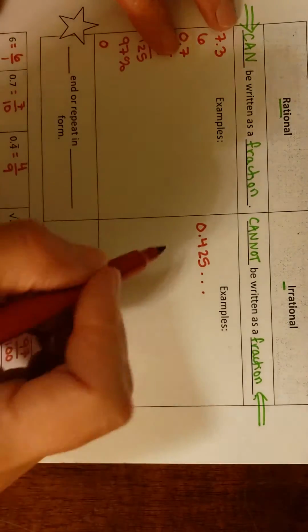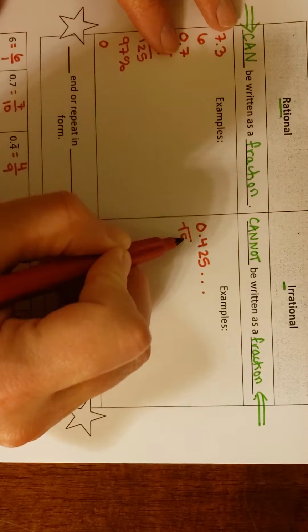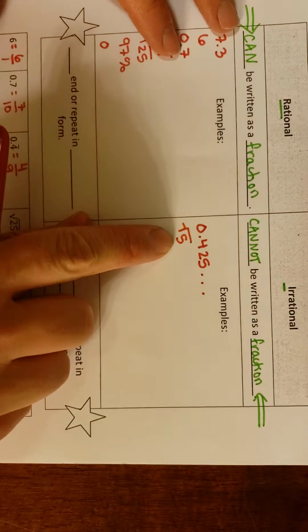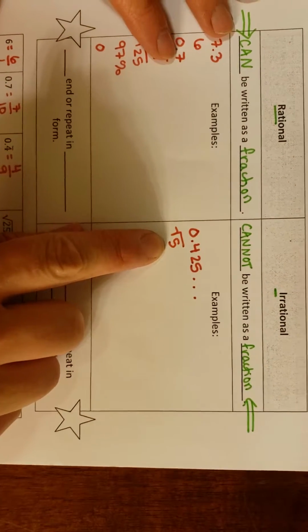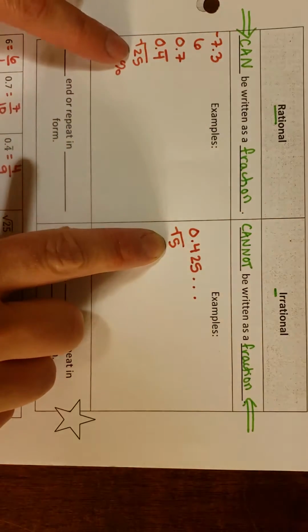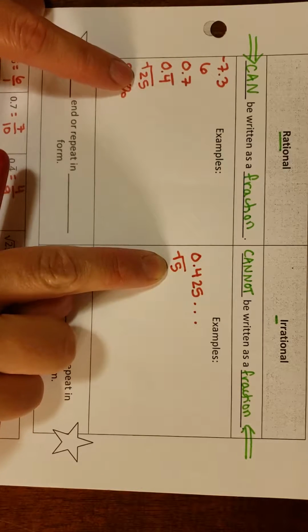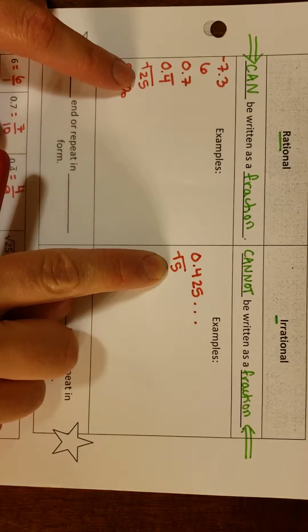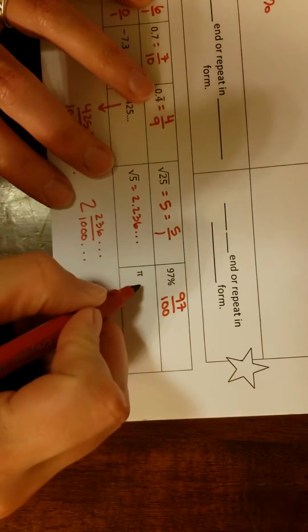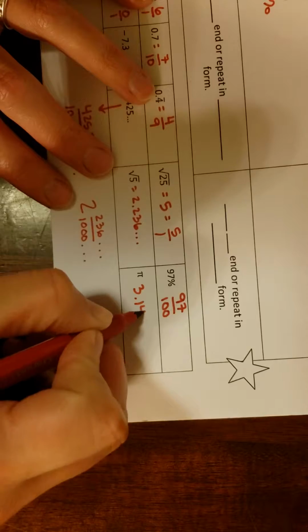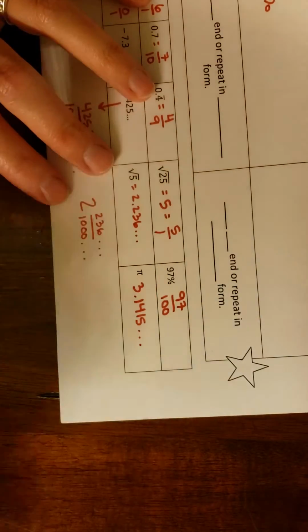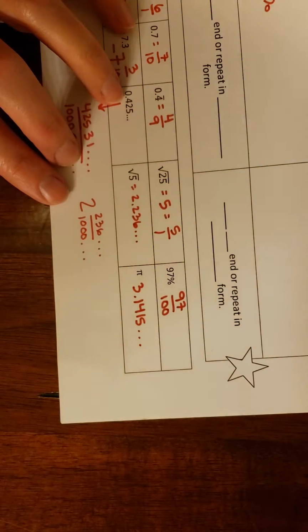So it seems that some of our square roots can't be written as a fraction, and they're irrational. But some of our square roots come out to be nice whole numbers, which happen to be perfect squares, and these can be written as fractions. They are rational numbers. And then, of course, we have our fun pi, 3.1415, and a whole bunch of other numbers. It's famous because it goes on and on and on.